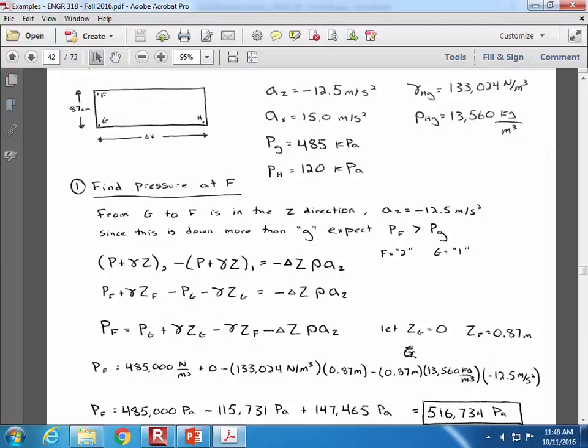That's not the correct distance, no. Okay, the equation I can guarantee is correct. Did you find the pressure at F?